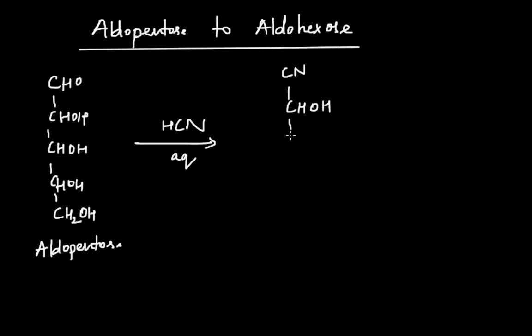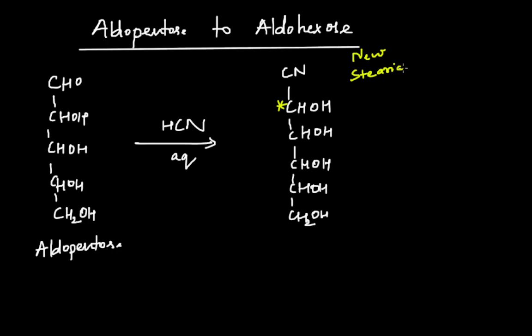Which has CHOH, CHOH, CHOH, and OH. Here a new stereo center is generated, which means the Kiliani-Fischer synthesis will give two products.